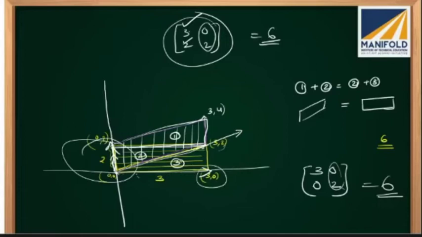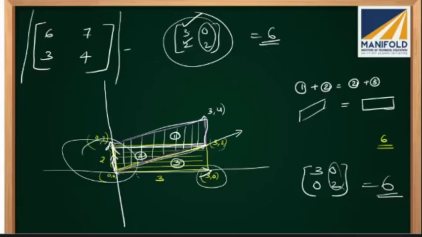You need not worry about the area part. I have drawn the area only for you to better understand. The idea is, if I have the matrix 6, 3, 7, 4, what is the determinant of this matrix?